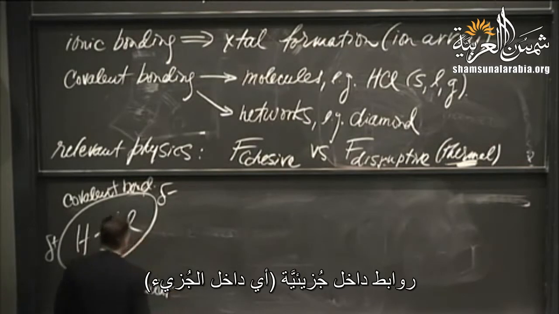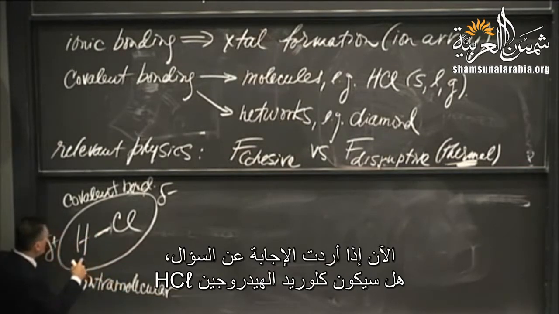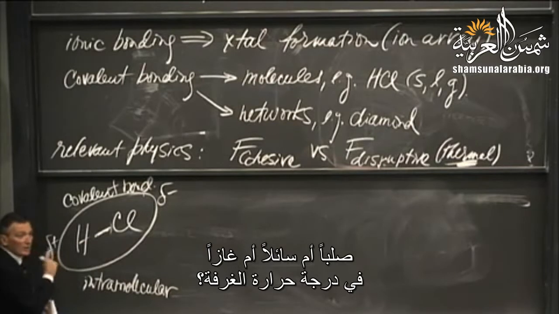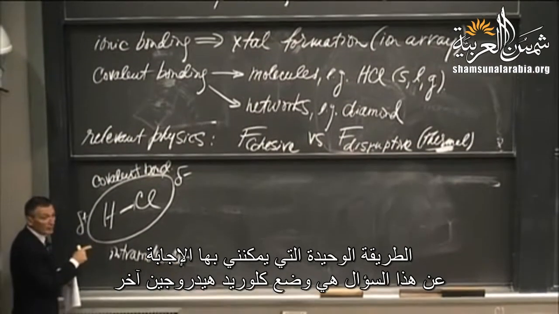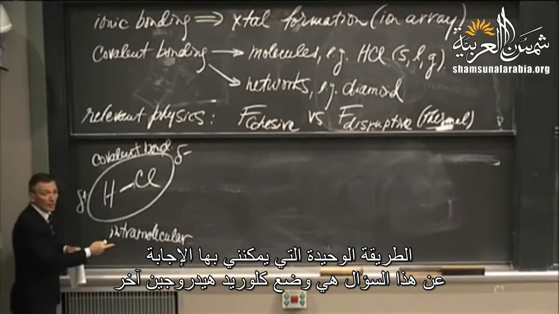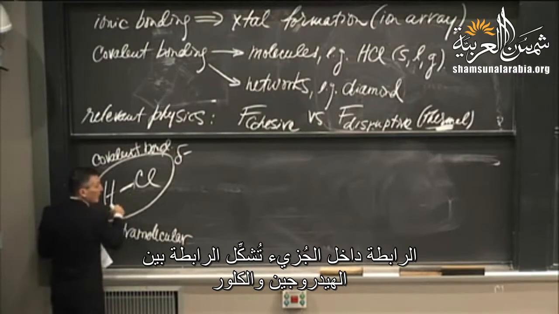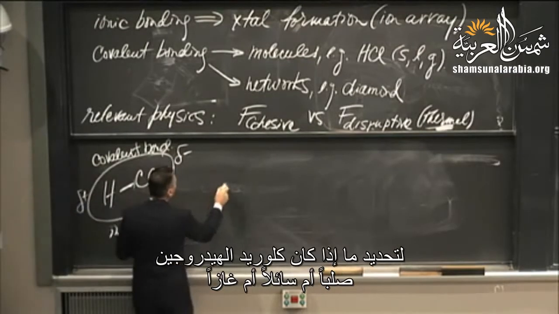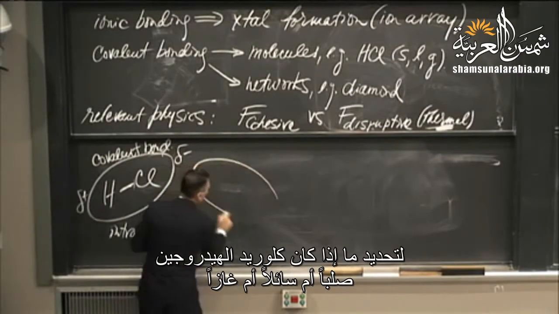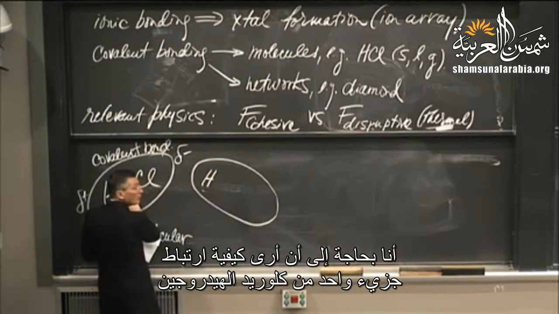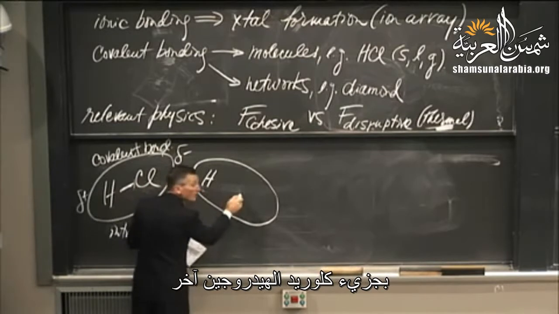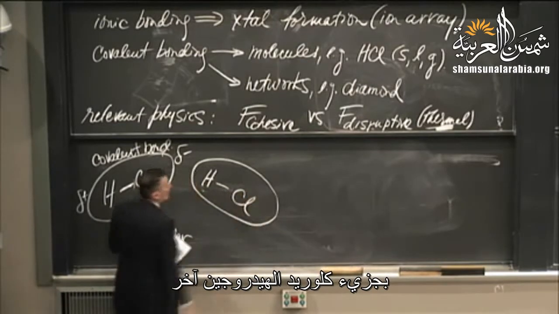Now, if I want to answer the question, is hydrogen chloride going to be a solid, liquid, or gas at room temperature? I don't have the information on the board. The only way I can answer that question is to put another hydrogen chloride. This simply forms the bond between hydrogen and chlorine. To determine whether hydrogen chloride is a solid, liquid, or gas, I need to look at how one hydrogen chloride molecule bonds to another hydrogen chloride molecule.